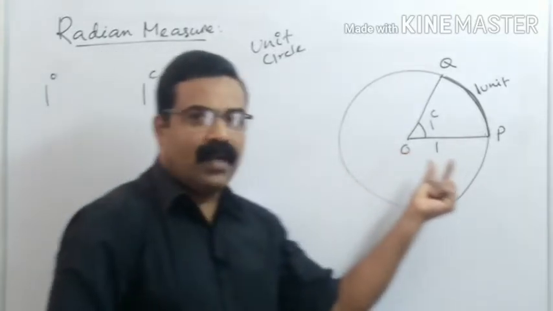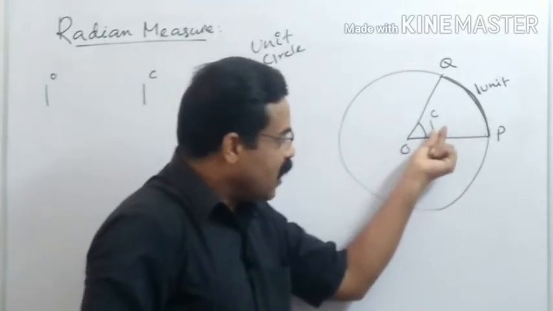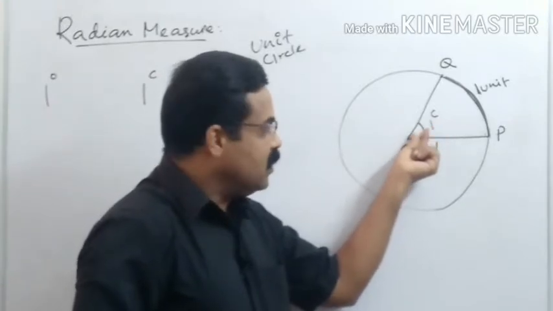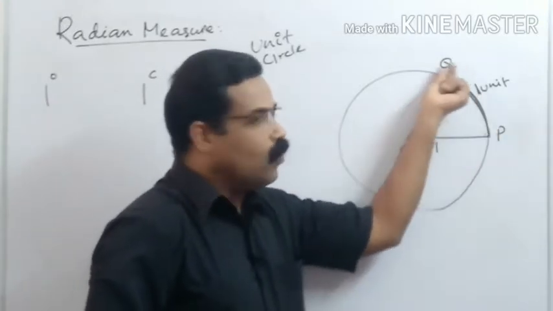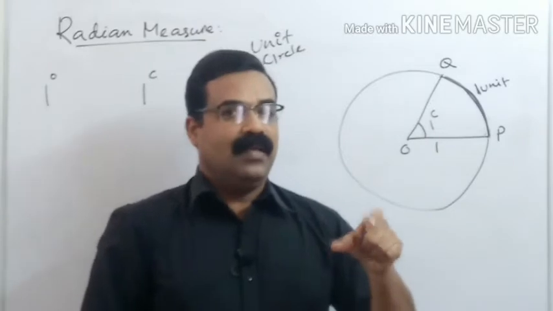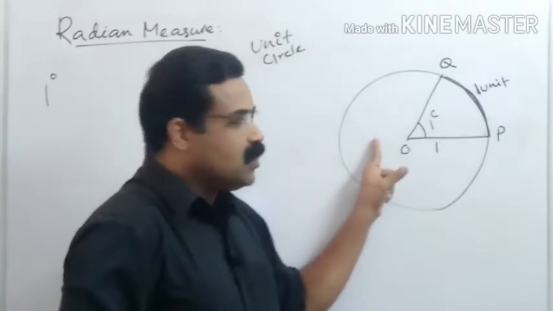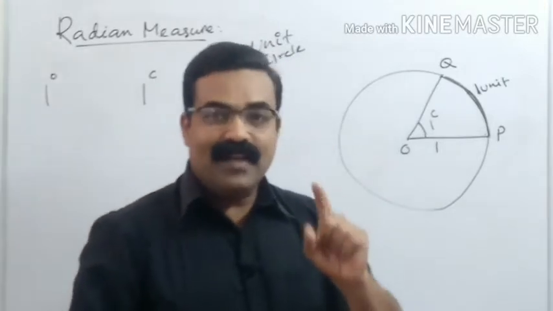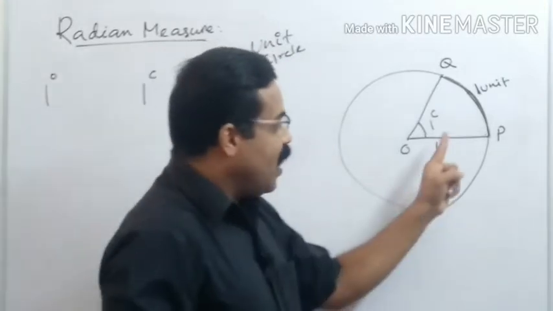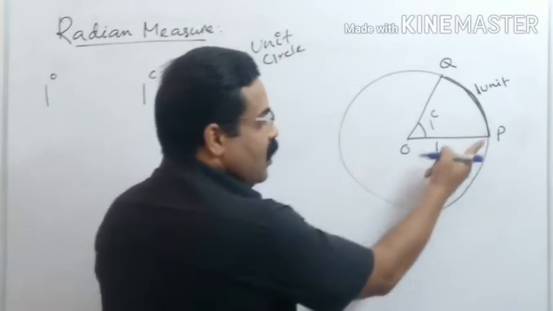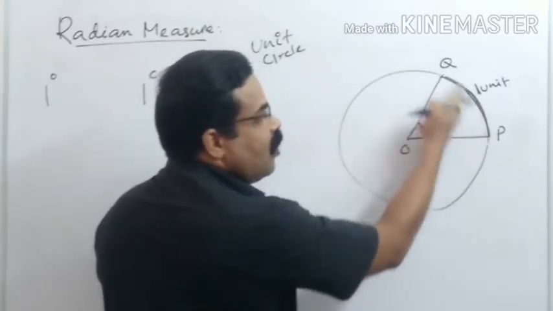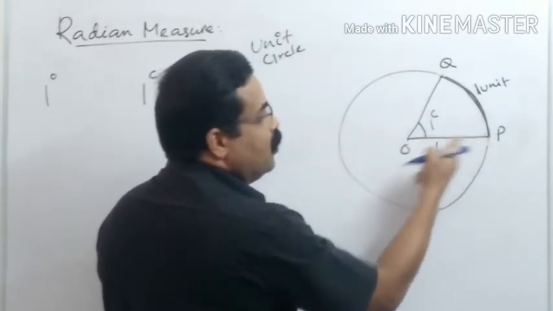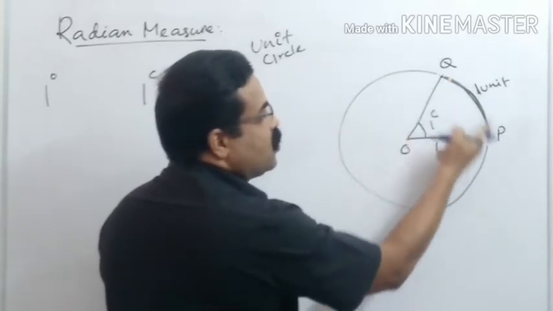So what is actually 1 radian? 1 radian is that angle which is subtended at the center by an arc length of 1 unit in a unit circle. Very important, we have to take a unit circle, a circle in which the radius is equal to 1 unit, and in that circle you take an arc length equal to the radius.